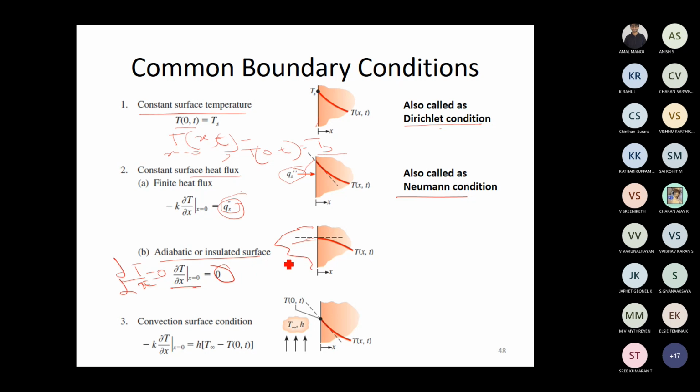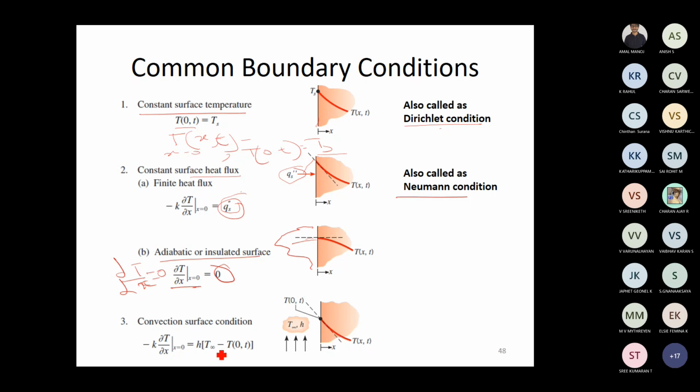So this is the third boundary condition. There is no specific name given to the third boundary condition. The final boundary condition is called the convection surface boundary condition. So if convective heat transfer takes place on this surface, and on this side there is some fluid moving with a temperature T infinity and a heat transfer coefficient h, then there is the surface condition here. The heat should transfer from this medium to the surface by convection.